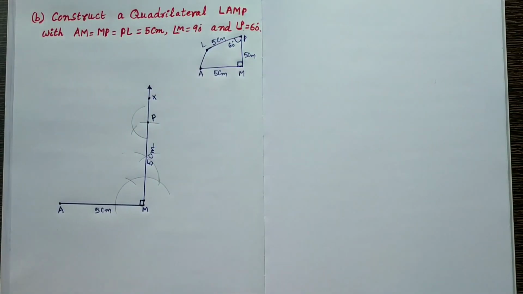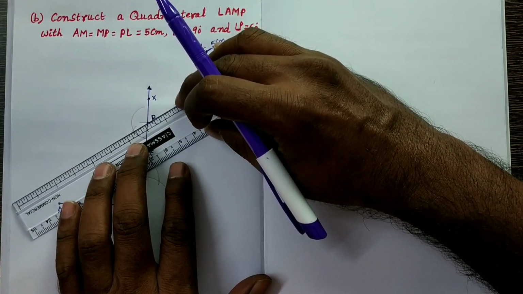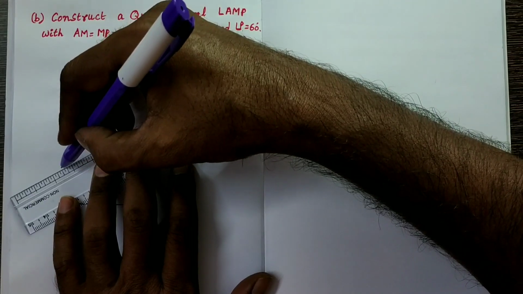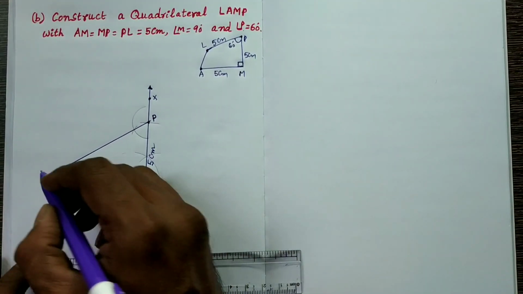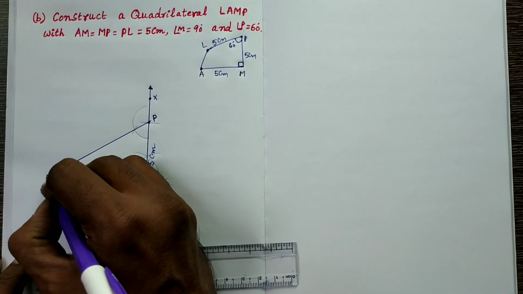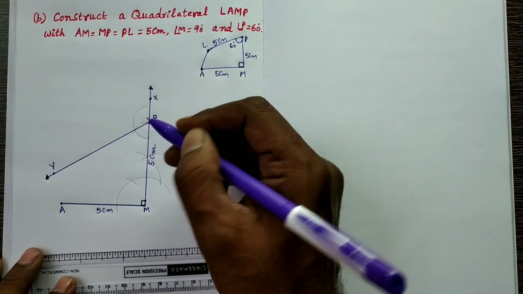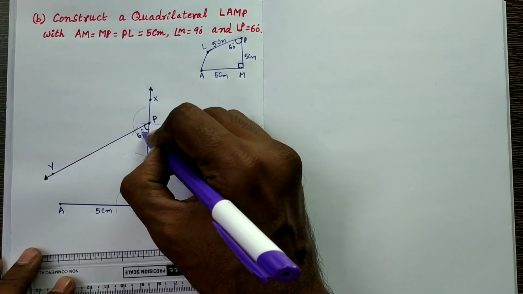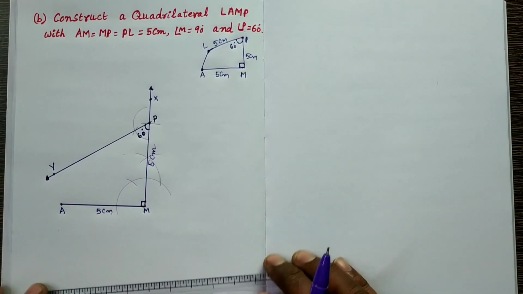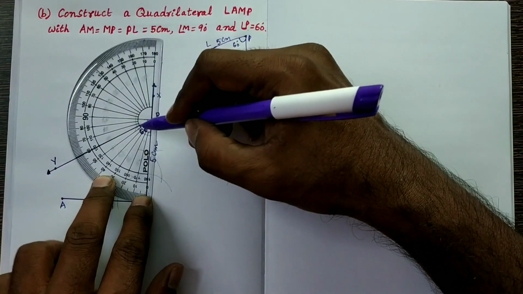It indicates 60 degrees at P. From P, through the intersecting point of the two arcs, draw a ray, that is PY. Angle P is 60 degrees. We can check by protractor also. Now it is exactly 60 degrees.